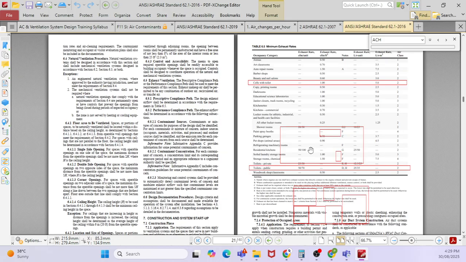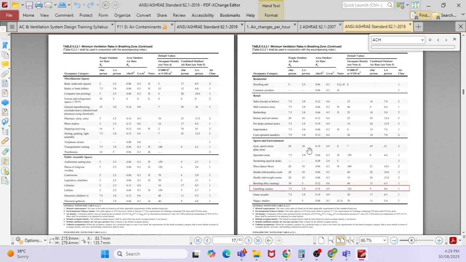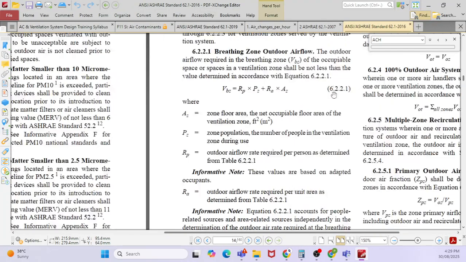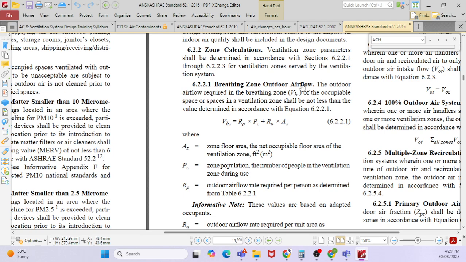If you go further to the calculations, here they provide the calculation. You can see the breathing zone outdoor airflow rate, how much fresh air you have to provide. What is the formula? VBZ, the breathing zone outdoor airflow, equals RP multiplied by PZ, plus RA multiplied by AZ. RP is the outdoor airflow rate required per person, and PZ is the zone population, the number of people in the ventilation zone during usage.